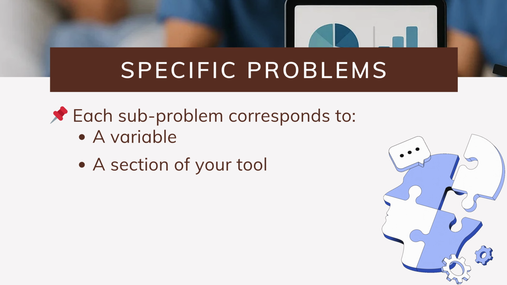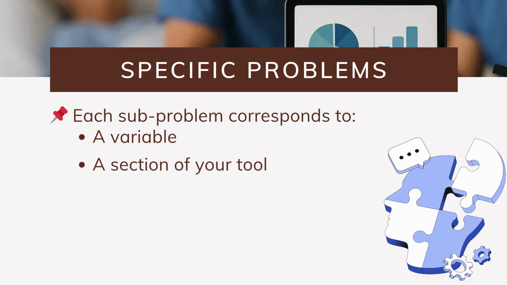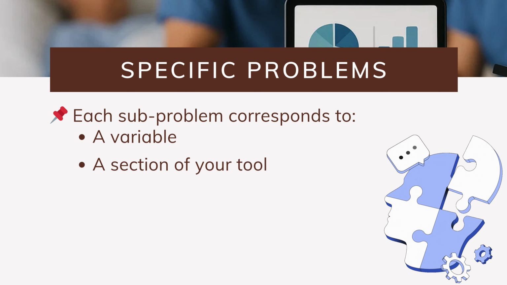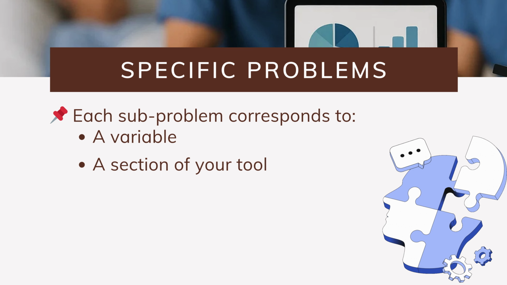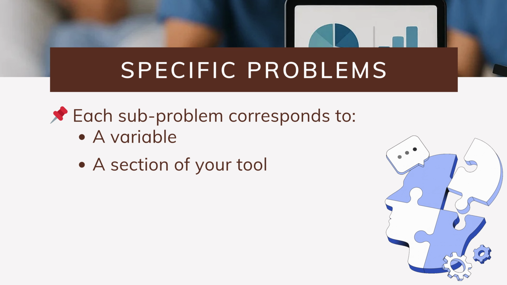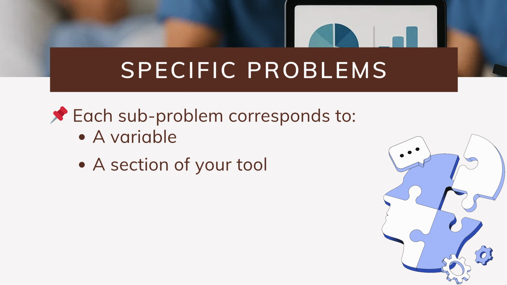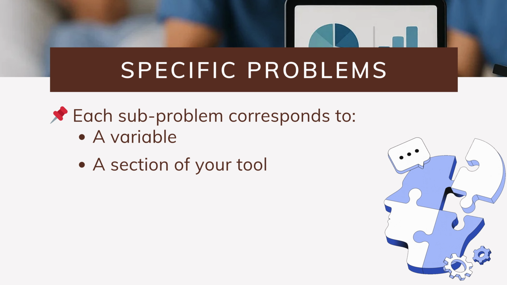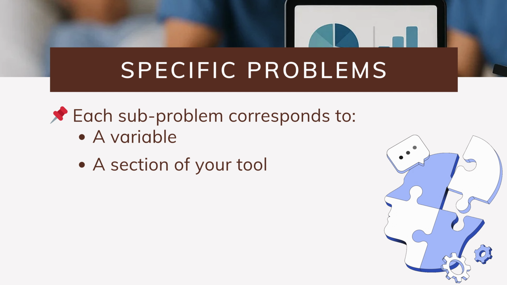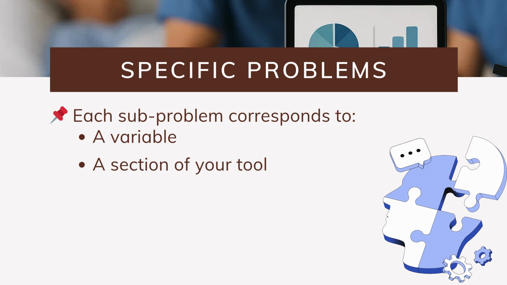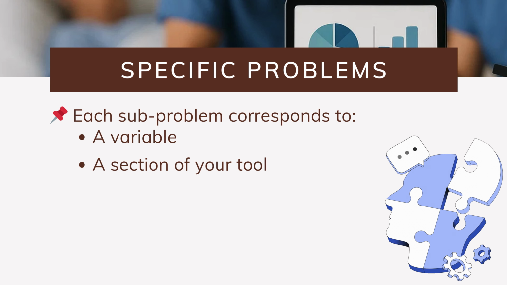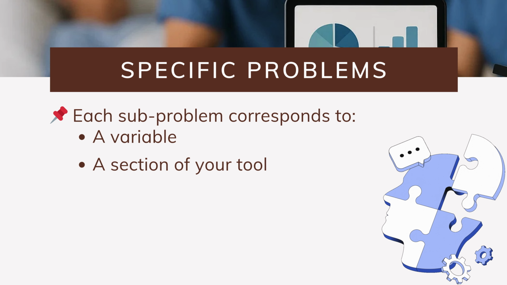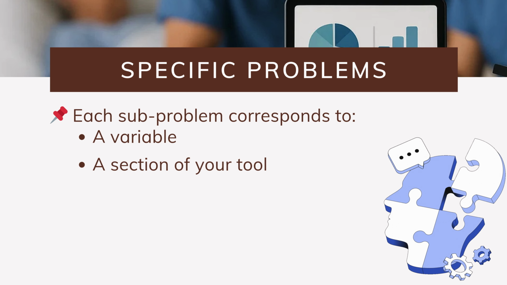So if you have a question on knowledge, your survey or questionnaire must have items that assess infection control knowledge. Similarly, if you have a question about compliance, your tool should have a checklist or scale to measure observed compliance.